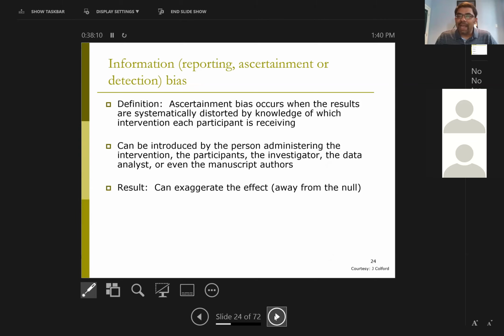Information bias, I think the aspirin trial where people taste and then report outcomes differently based on what they know, that's an example of information bias. People collecting data from patients should also not know who got what. Otherwise, they can differentially ask more questions or probe more in one group compared to the other group, right? So if I knew you got a vaccine, I could spend more time with you probing about side effects. And if I knew you got saltwater placebo, I just ask one question and I walk away, right?